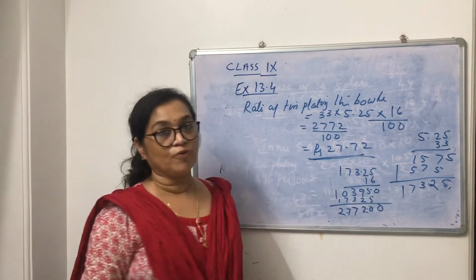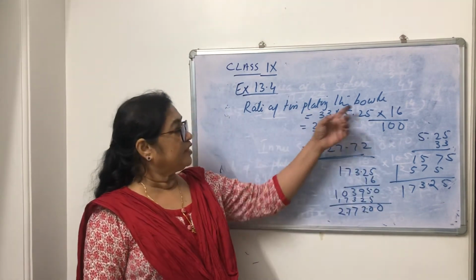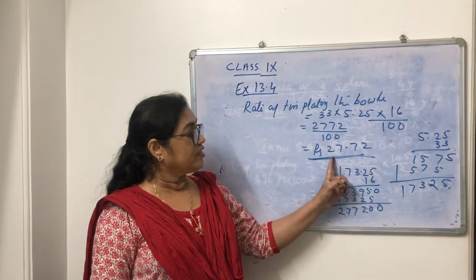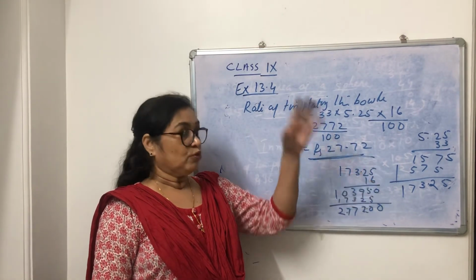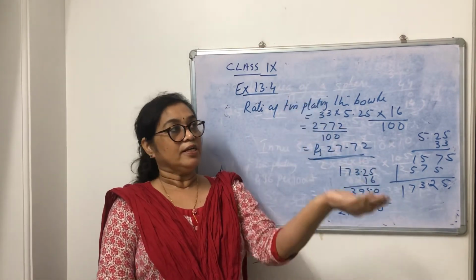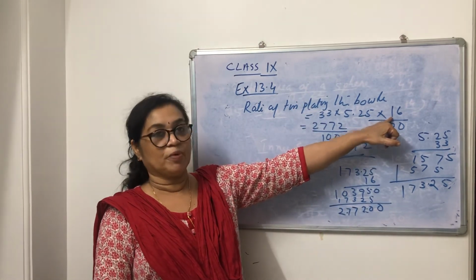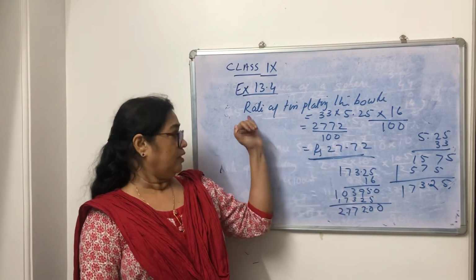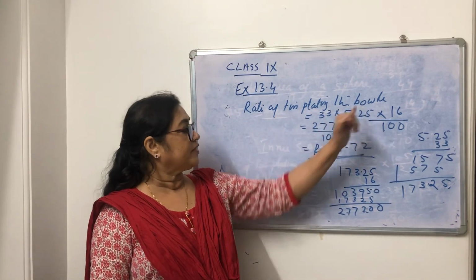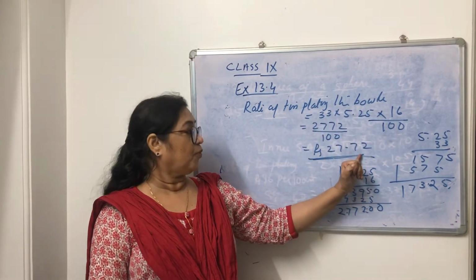So cost of tin plating the hemispherical bowl is 27.72. First you have to find out the inner curved surface area, then you have to multiply with the rate of tin plating it. So you are getting the cost of tin plating the bowl is 27.72.